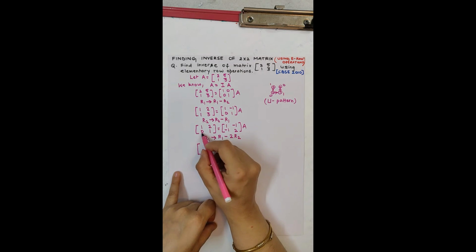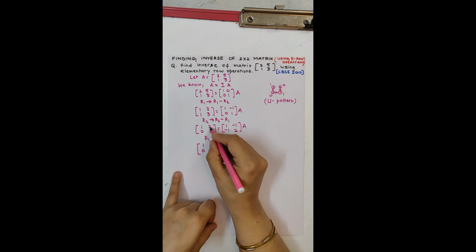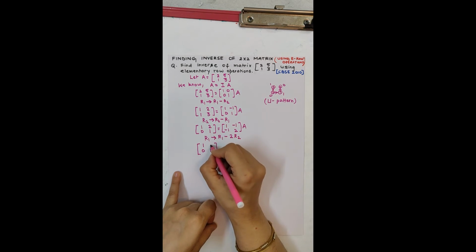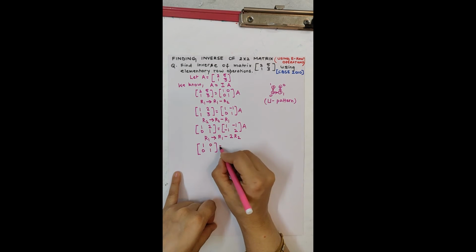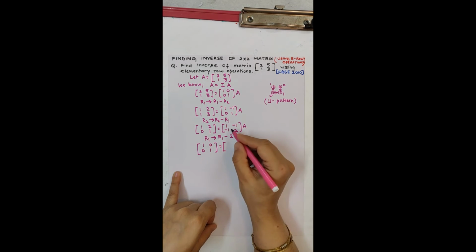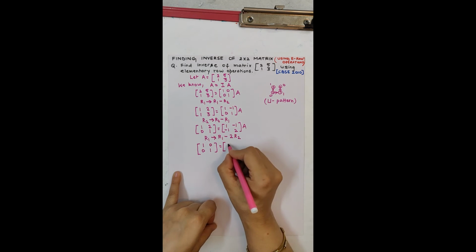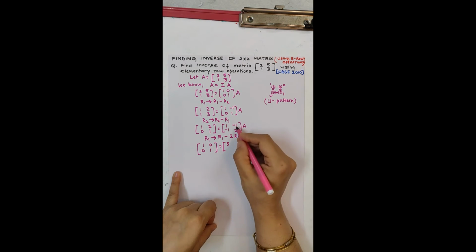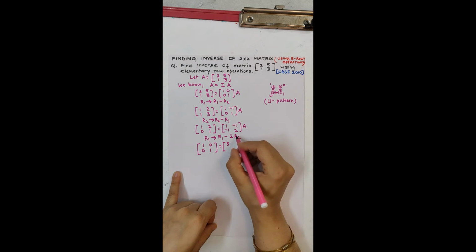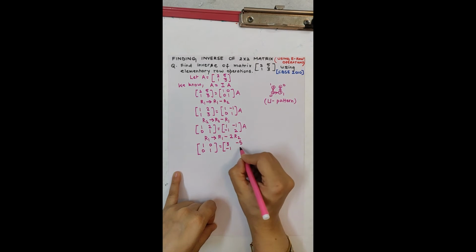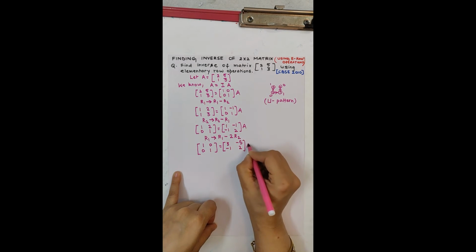So 1 minus 2 into 0, that was 1 only, and 2 minus 2 into 1, that's 2 minus 2, 0. Here on the right hand side what we will have? 1 minus minus 2, that's 1 plus 2, 3, and here I will have minus 1 minus 4, so that's minus 5, and the second row remains as it is into A.